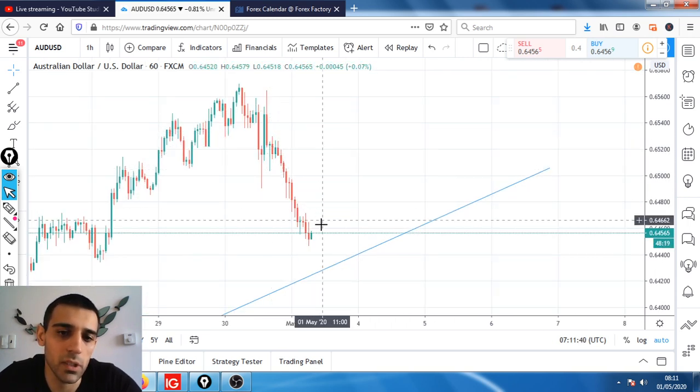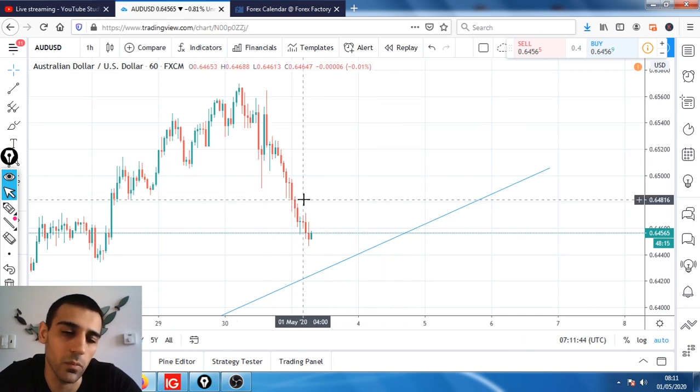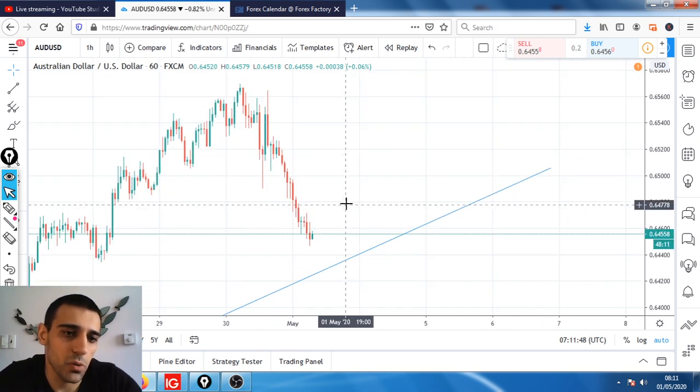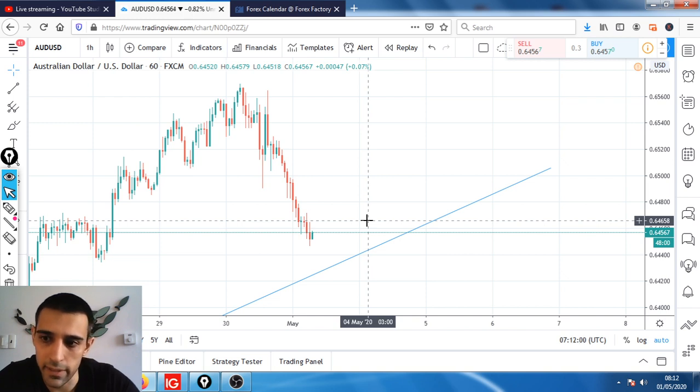But of course, we're going to stick with the daily time frame. I'm definitely looking more at the upside, but in the short term I'm a bit hesitant about whether to take the trade on the short side or not, but I do see the potential to take the short trade.